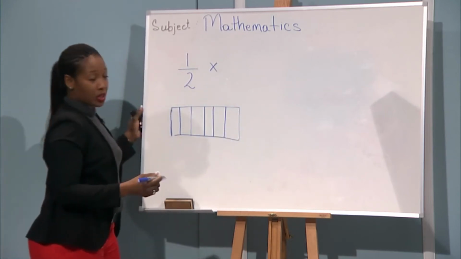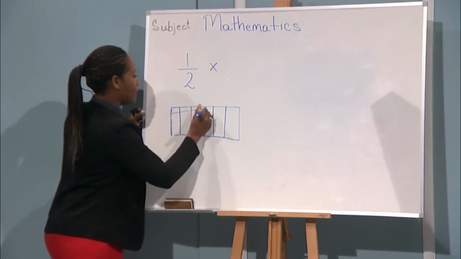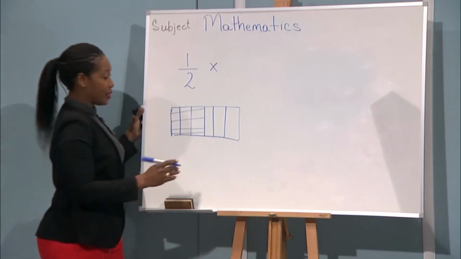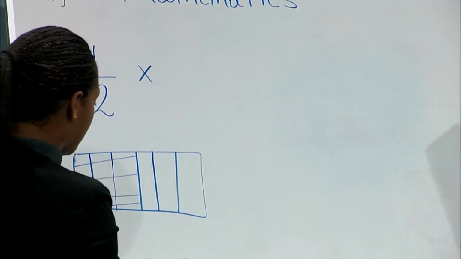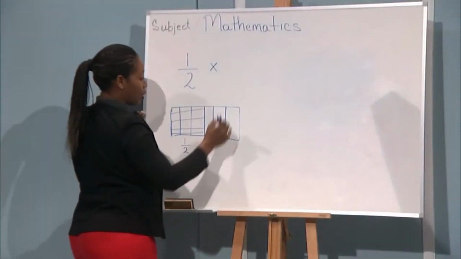So pretty much I now have 1, 2, 3, 4, 5, 6 parts. I still look at half, but now it's divided into 6 parts, so I'm looking at 3 out of 6 parts.